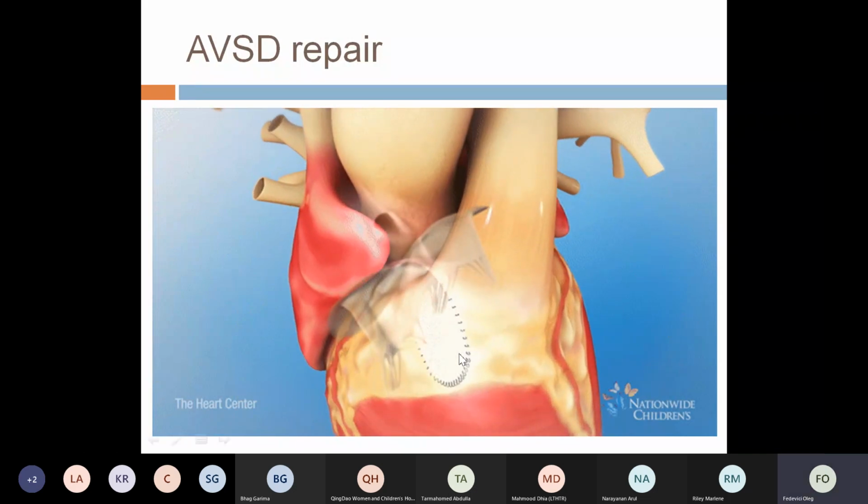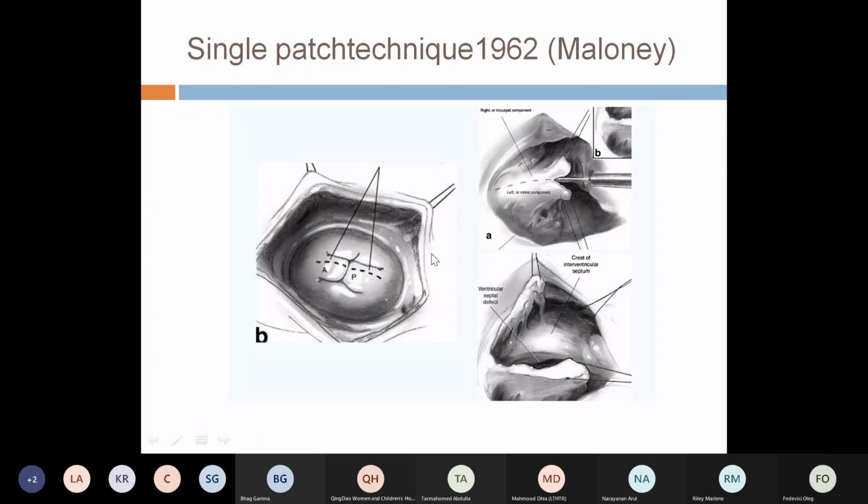So we put a patch on the ventricular part, put a patch on the atrial part of the AVSD, and we separate by these patches this common valve, and we fix the cleft on the left side. In the surgical view, this is the single patch technique.